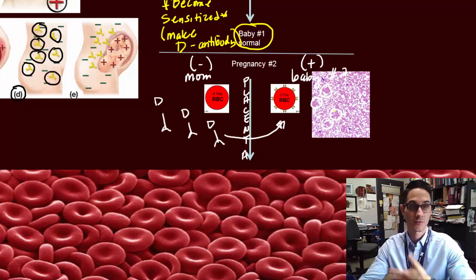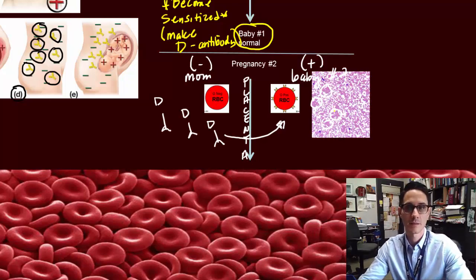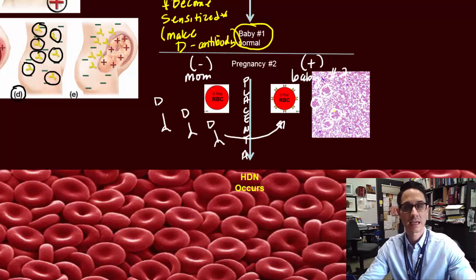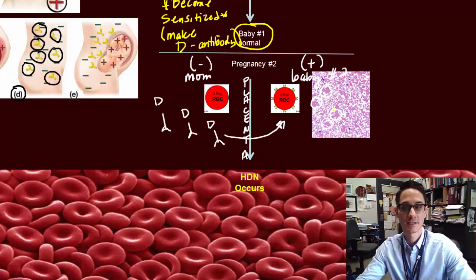And hemoglobin will start floating through the cardiovascular system of the baby and will get stuck in the kidneys and will cause severe anemias, and the baby can die. So that condition can occur if mom has D antibodies in her system and she is pregnant with a baby who has a positive blood type.